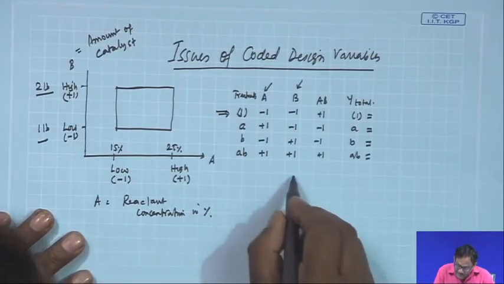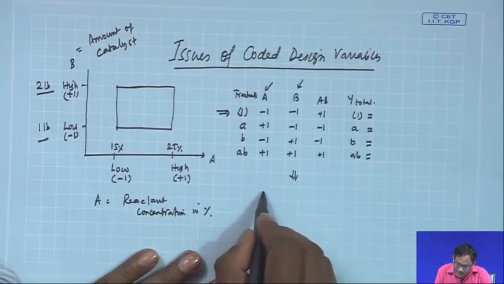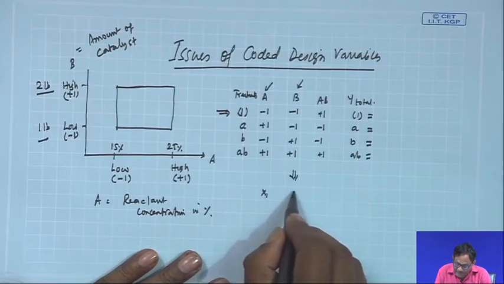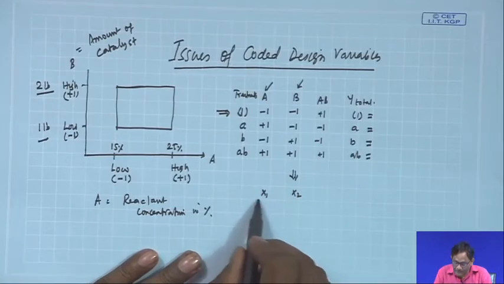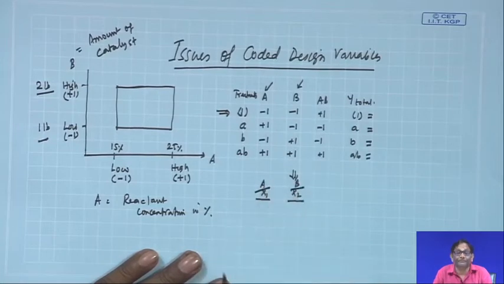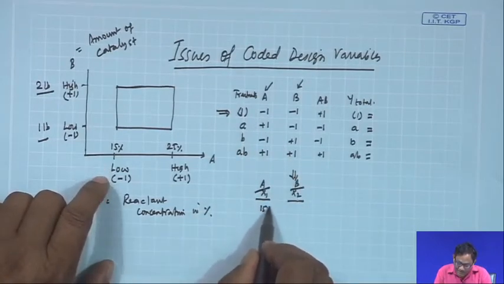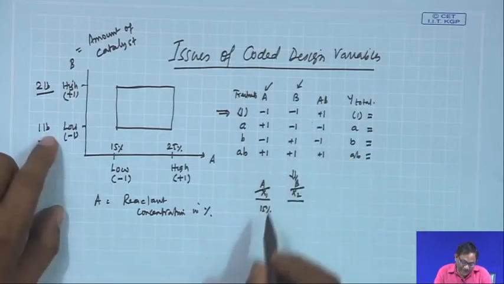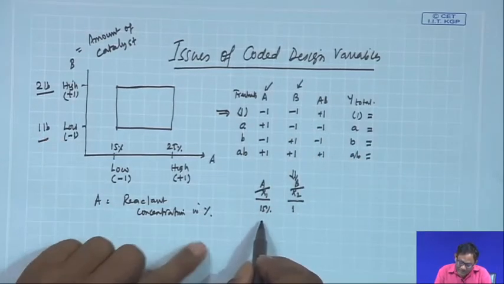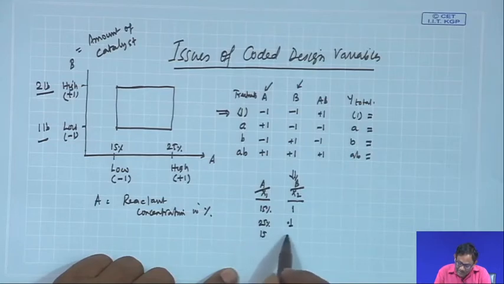So, essentially if I write x1 in place of A and x2 in place of B, or you can write A, B, no problem. Then -1 means A is 15%, B is 1; +1 means 25%, 1; then again 15%, 2; then 25%, 2.